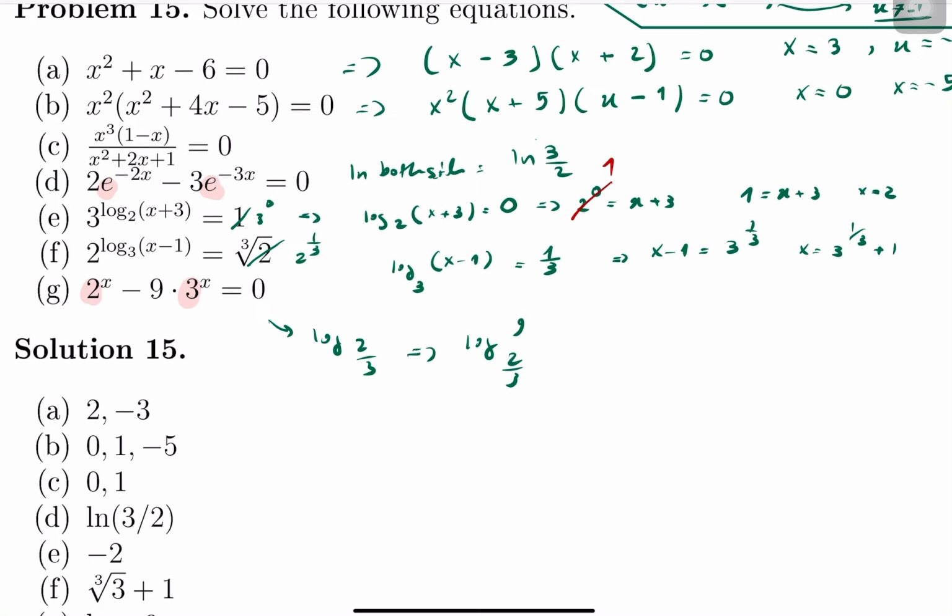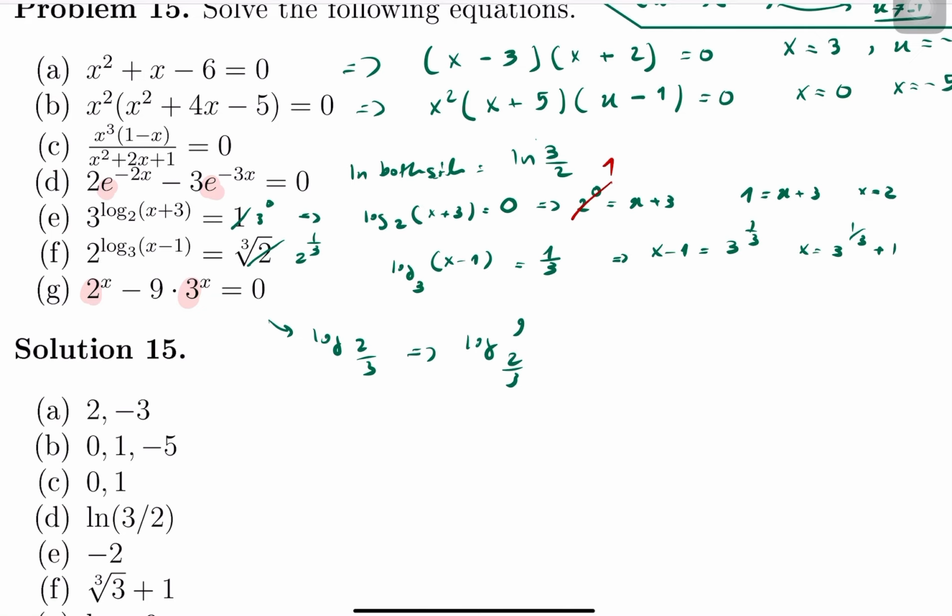The other one again the same. I can put 1 here, and instead of it I can write 2 to the power 1 per 3, because the base is the same. I can put the same powers: log 3 (x minus 1) equals 1 over 3, then 3 to the power 1 over 3 equals this one, and I can find x equals 3 to the power 1 over 3 plus 1.